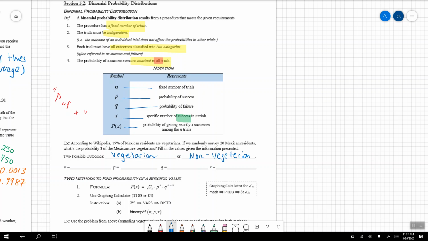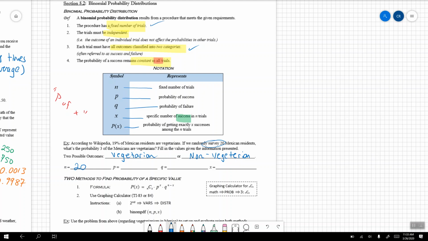So we do have two possible outcomes, which means we have the third condition met. Next, do we have a fixed number of trials? That fixed number of trials is N, which in this case is 20, because we are randomly surveying 20 residents. So here we have the first condition met, a fixed number of trials.